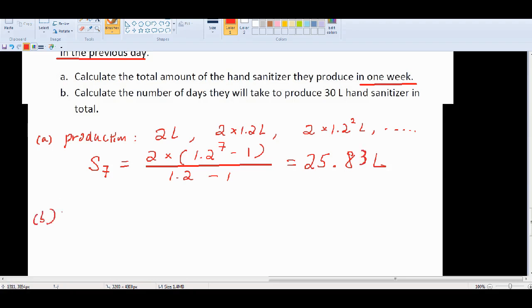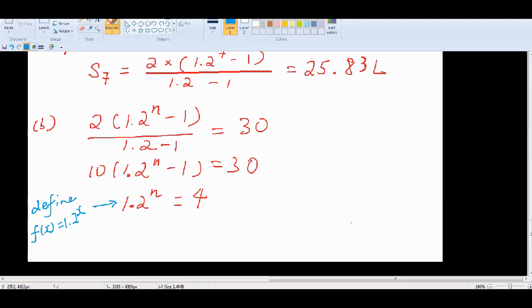Okay, for part B, just try to use the previous method, but this time you need to guess what number of days it is. So that's what you should have. This time n is the unknown which you are going to find, and you just put all the numbers on the right hand side. So you will have 1.2 to the power n equals 4.